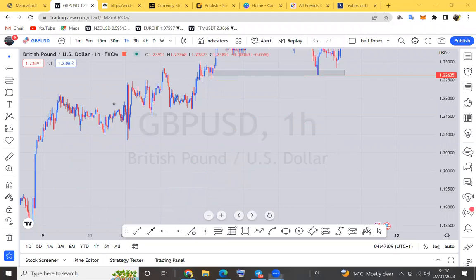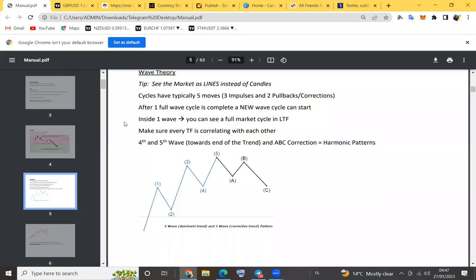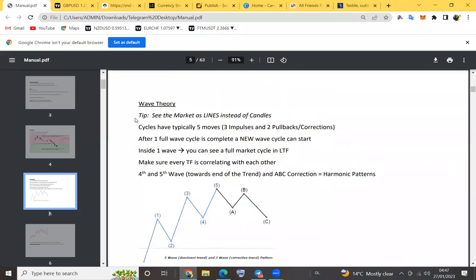The wave theory is simply this trend theory where the market has to move, forming higher highs and higher lows, or lower lows and lower highs. I always call those movements, the impulsive movement and the corrective movement, waves. I want you to listen to me very attentively.